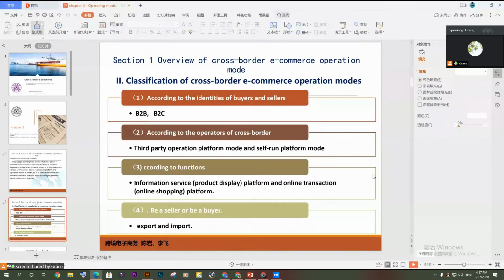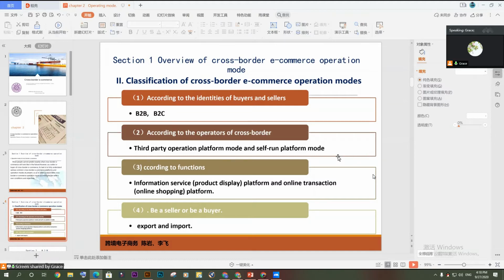These people who operate the cross-border e-commerce, we can call them operators. So according to the operators, we can divide these operation modes into two types here. One is third-party operation platform mode. The other is self-run platform mode.